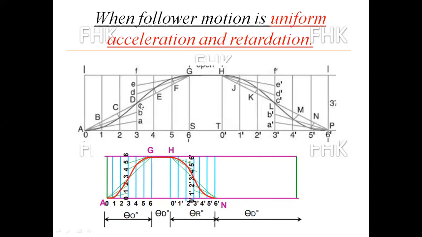In the forward stroke, again this is uniform acceleration retardation motion, and in the return stroke also the follower motion is uniform acceleration retardation. Here theta O is written, that is theta for the outward stroke. Second, theta for the dwell period, then theta for the return stroke, and again theta for the dwell period, which is given in the problem statement.